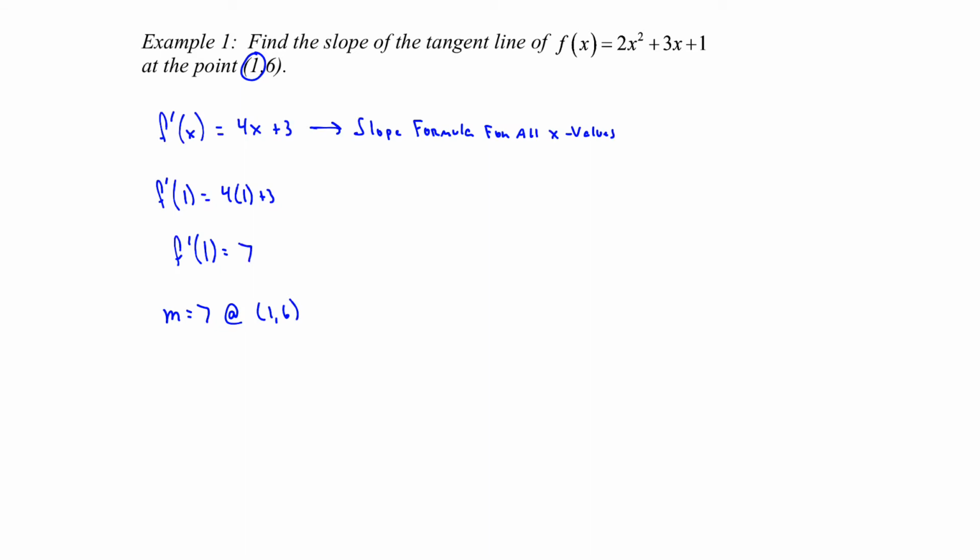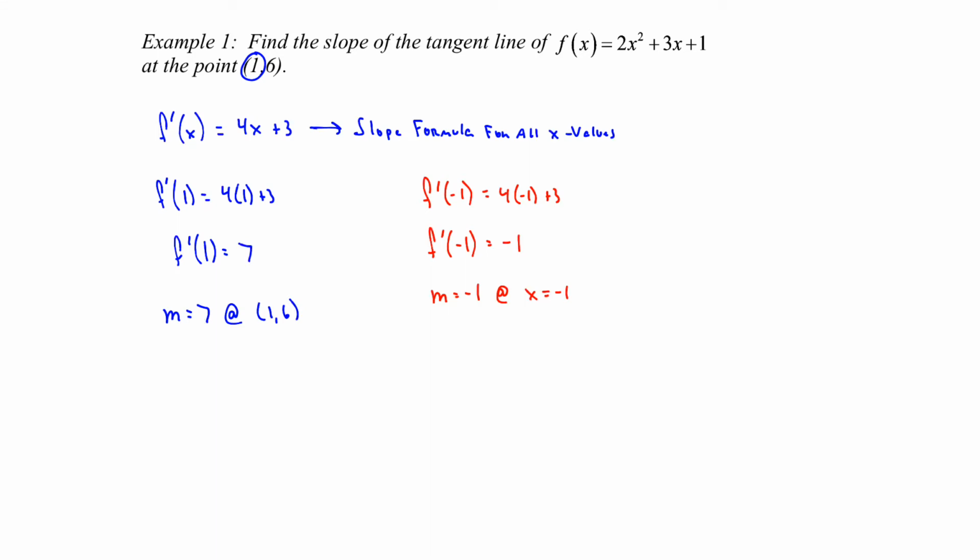And we could do this for any point. I could say, all right, what is the slope at x equals negative 1? Now it's 4 times negative 1 plus 3, and that would be negative 1 also. So that means that the slope is negative 1 at, I don't know what the point is, but I know it's at x equals negative 1. So we could find all sorts of points and slopes.